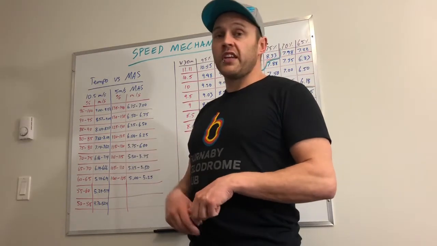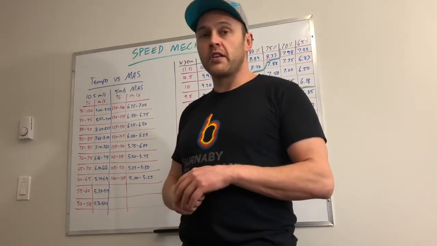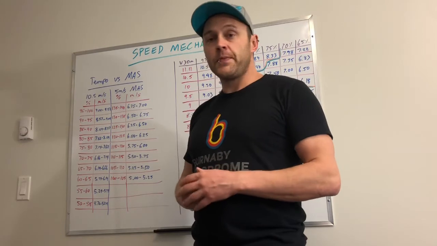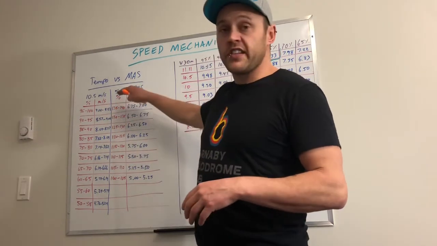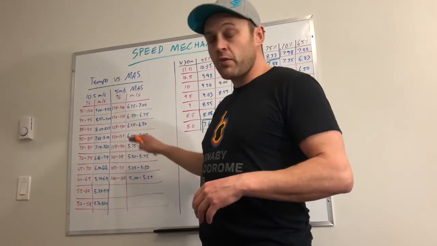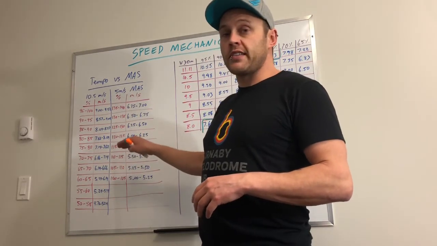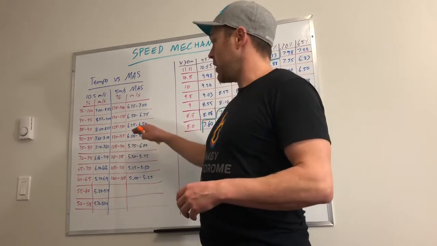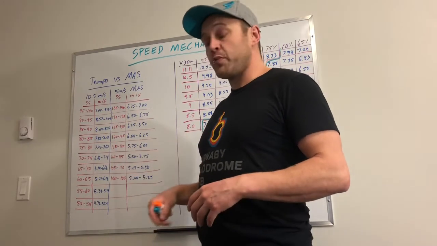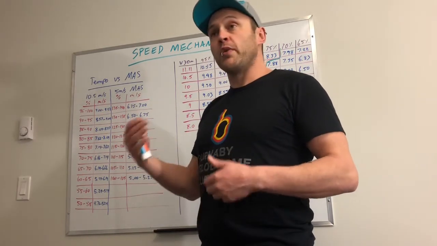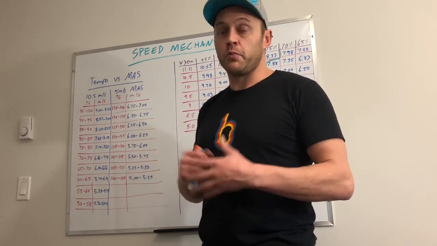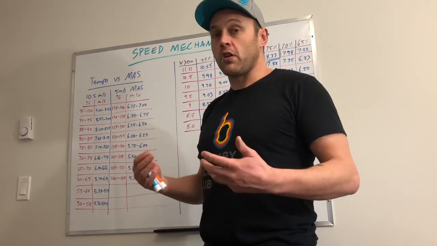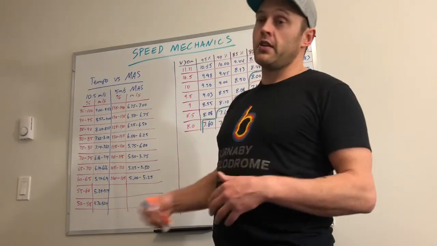Now 75% is actually still a pretty good speed to train at, but it's not going to affect our ceiling. It will allow us good, quality practice at a fast enough speed that we can recover, but we can start to ingrain better sprinting mechanics and better habits for our running.